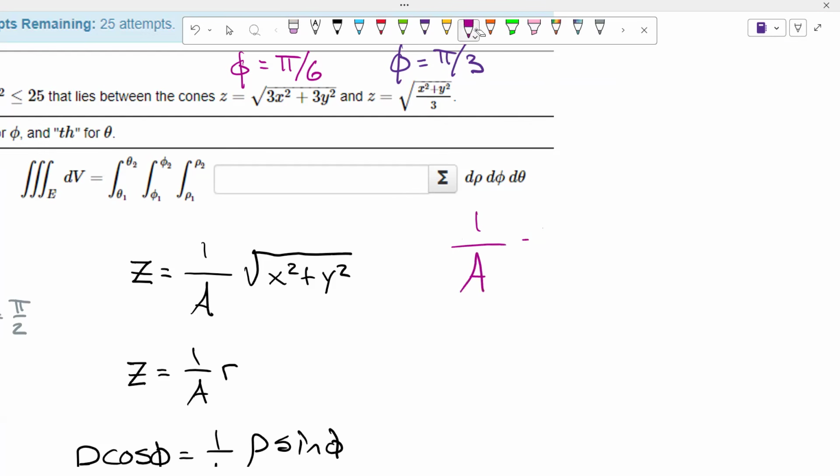Let's start with 1 over a is equal to the square root of 3. I think that'll resonate a little better. I wrote my equation to be 1 over a times r. So 1 over a is the square root of 3, which means that a is 1 over root 3, or root 3 over 3, which is one of our tangent values off of the unit circle. Specifically, that one's pi over 6.